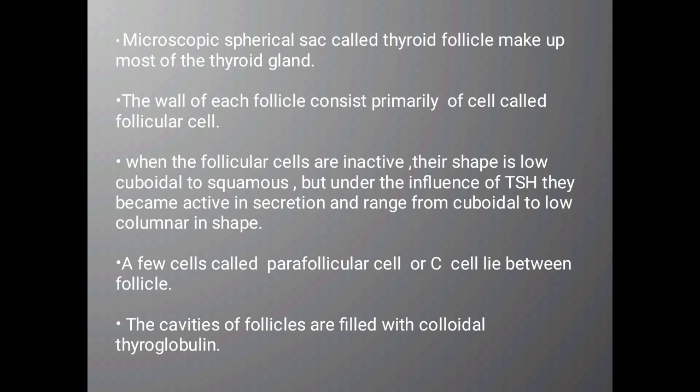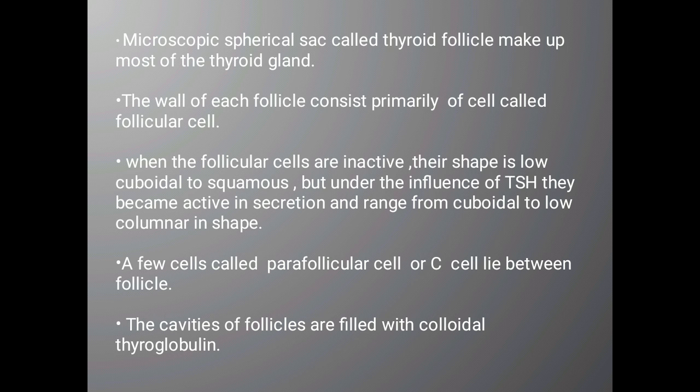When the follicular cells are inactive, their shape is low cuboidal to squamous, but under the influence of TSH, they become active in secretion and range from cuboidal to low columnar in shape. TSH means thyroid stimulating hormone.